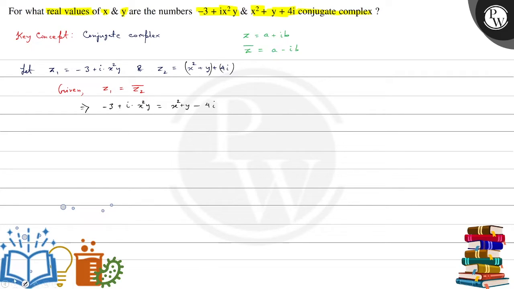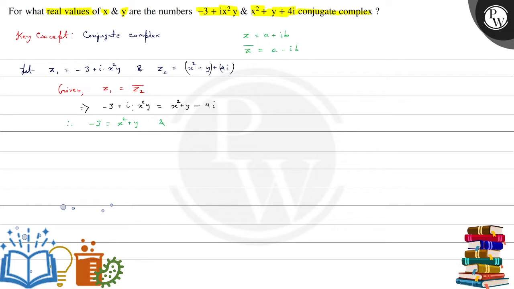So now the question becomes very simple, because you can simply solve it using the concept of equality of complex numbers. As in, if two complex numbers are equal, then their real parts and their imaginary parts are separately going to be equal to each other. Therefore, the left hand side's real part is -3, which must be equal to the right hand side's real part, which is x² + y.